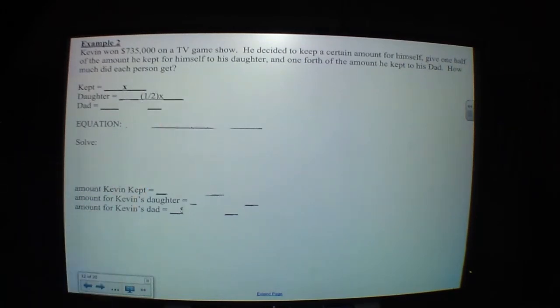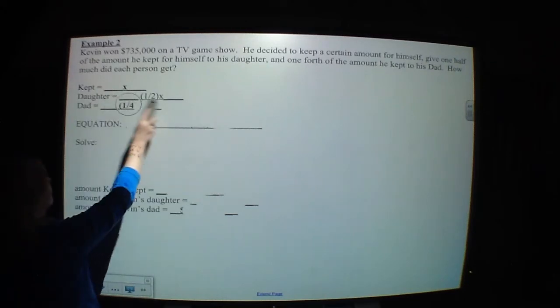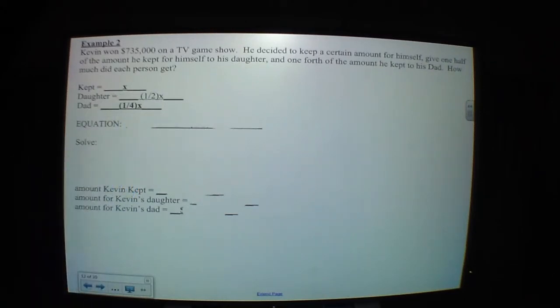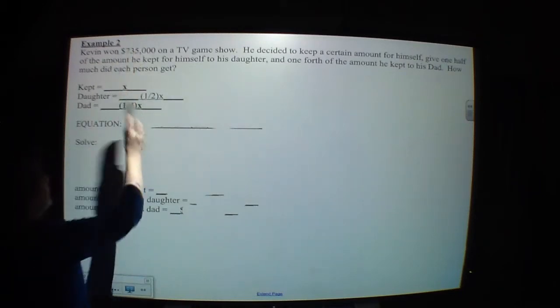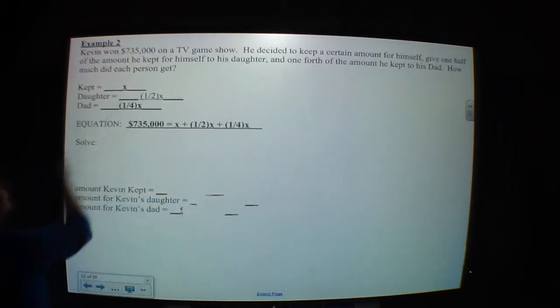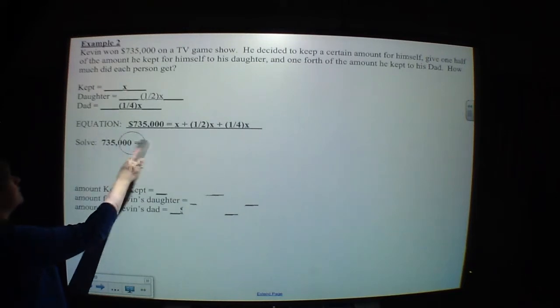So 1/2 X went to his daughter, and his dad got 1/4 of the amount that he got, 1/4 of X. So that's all the money altogether. So if I add them all up, they'll equal the total amount. So let's solve that.